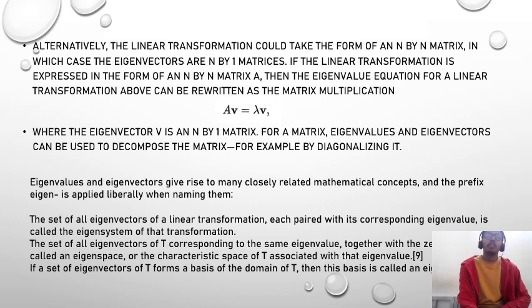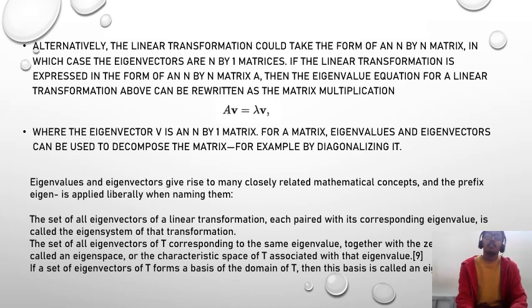If the linear transformation is expressed in the form of an n by n matrix A, then the eigenvalue equation for the linear transformation above can be rewritten as the matrix multiplication Av = λv, where the eigenvector v is an n by 1 matrix.